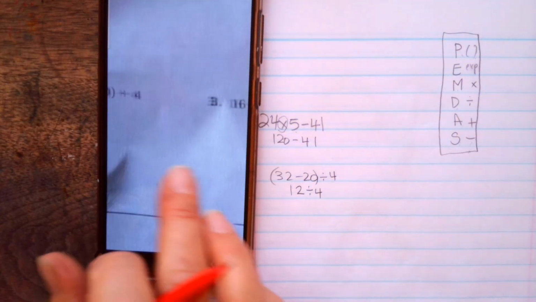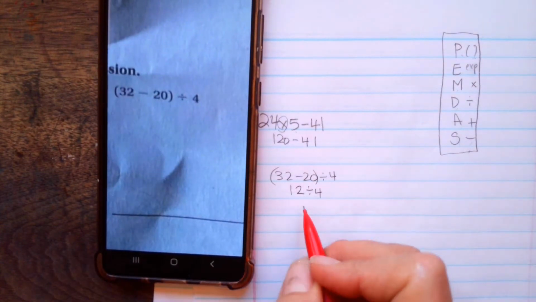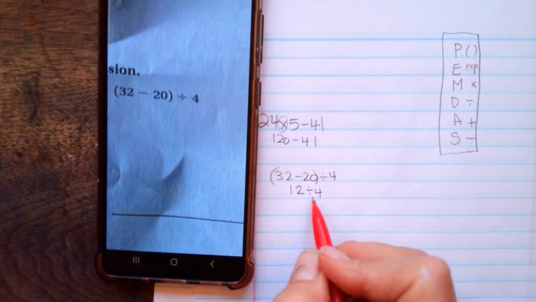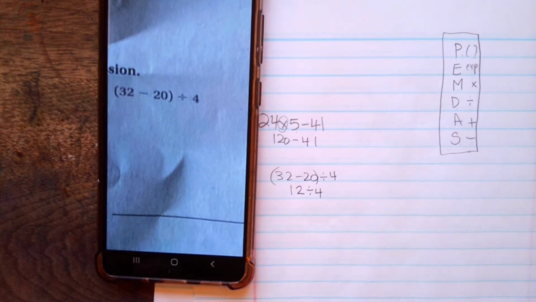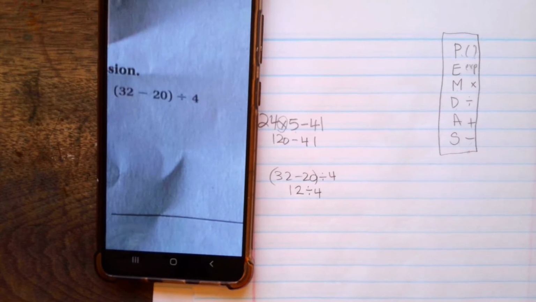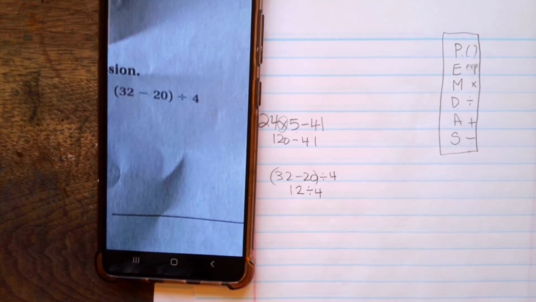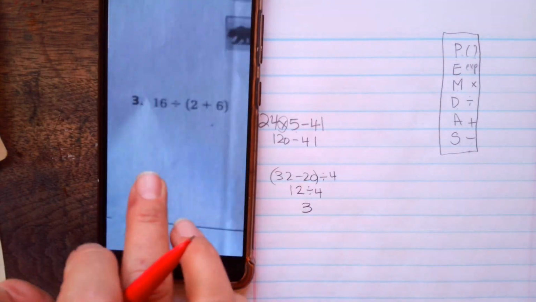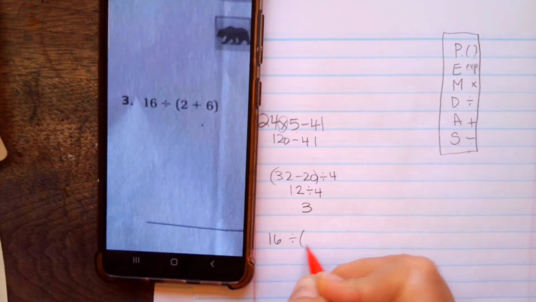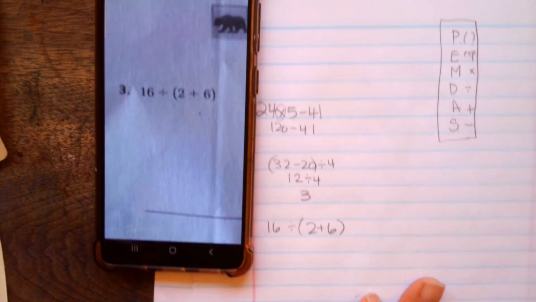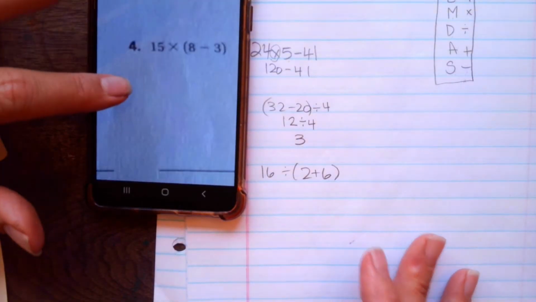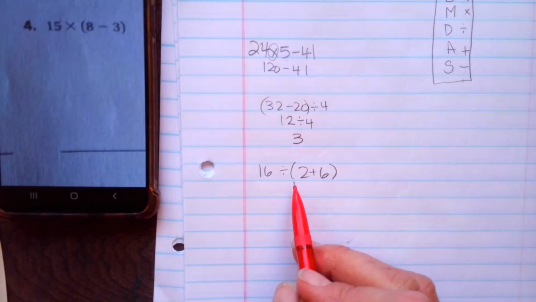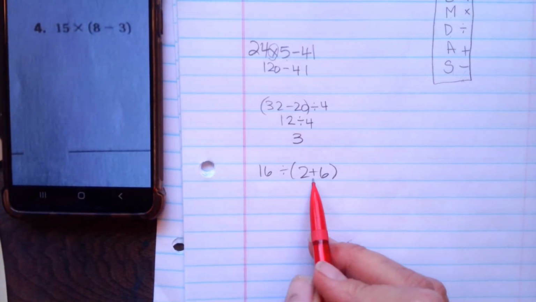And then we do our division, divided by 4 on the next line. So what is 12 divided by 4? 3. Yep.